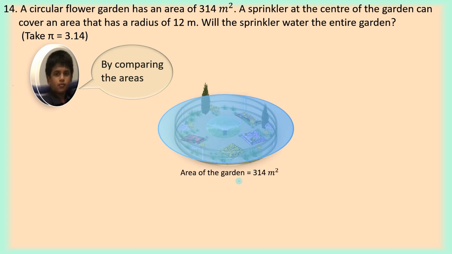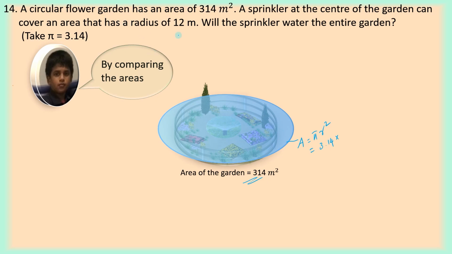Now for comparing the areas, already we have area of the garden. Next we have to get the area that can be covered by the sprinkler. We know the formula for finding the area. It is pi r square. That is equal to pi, it is 3.14 into r square, means r into r, and r is the radius.